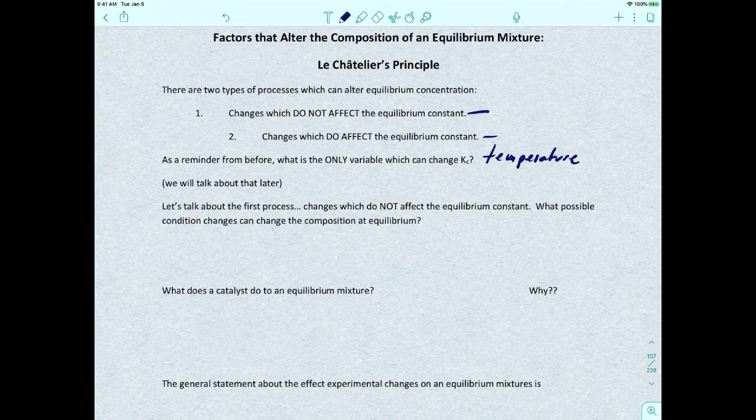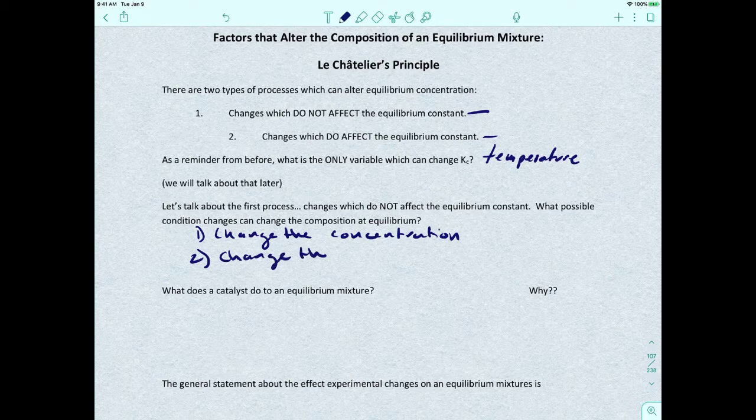Okay, so let's talk about the first process: changes that do not affect the equilibrium constant. What possible condition changes can change the composition at equilibrium? Well, there's three. We could change the concentration, we could change the pressure, or we could change the volume.